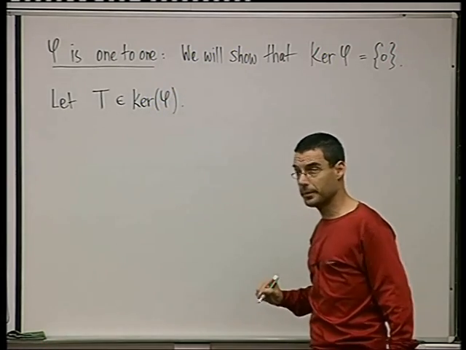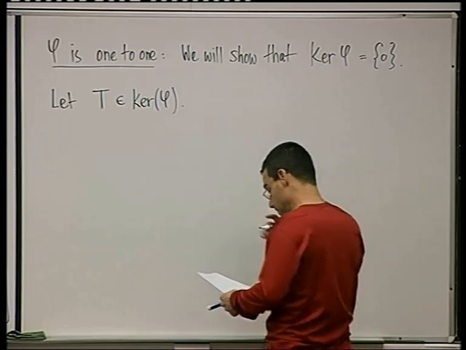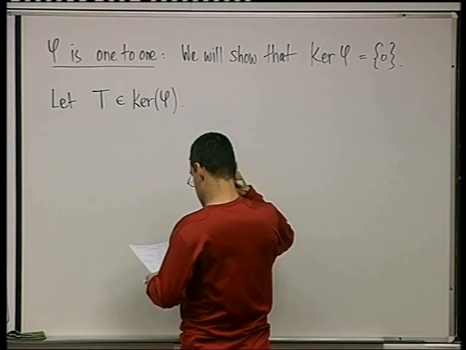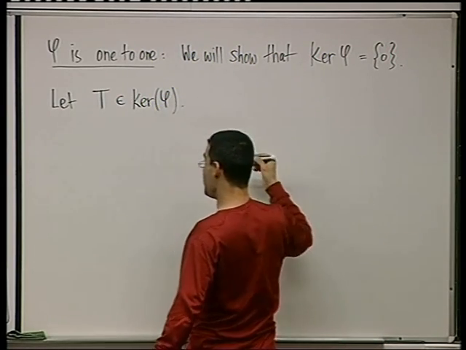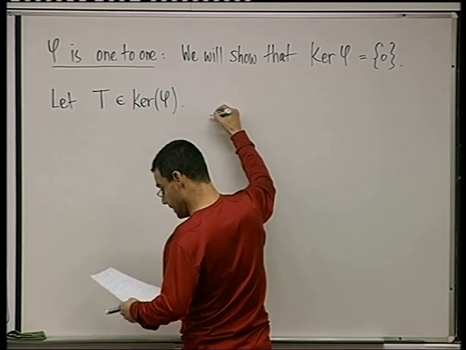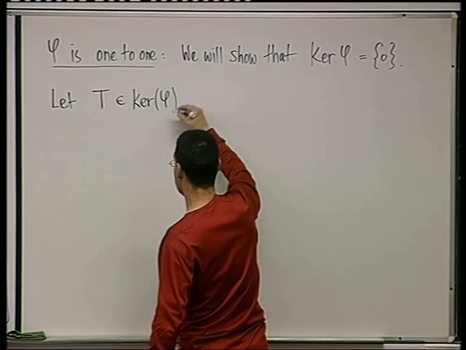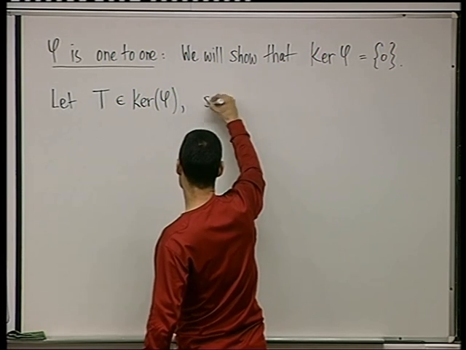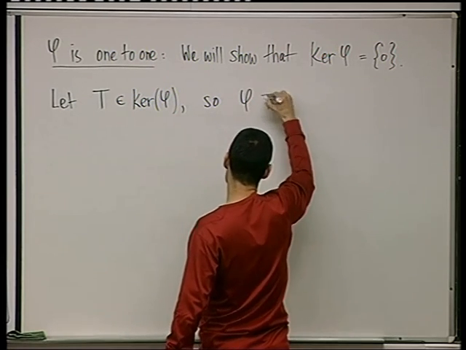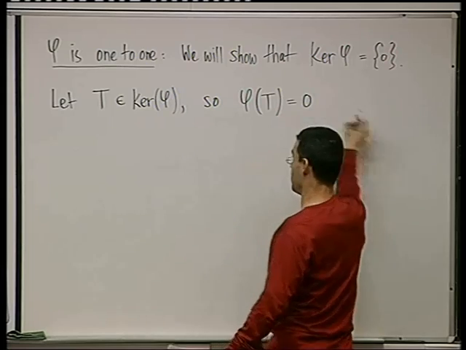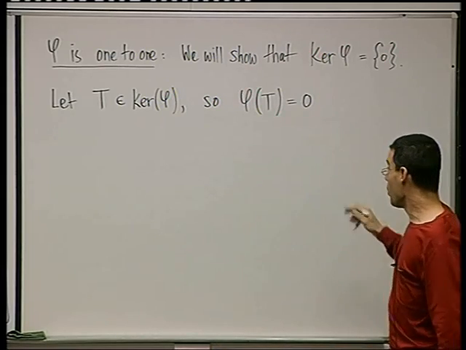T is a linear map. Good? Okay. So what does it mean that T is in the kernel of phi? It means phi of T is 0. That's what it means to be in the kernel, right? What is phi of T?